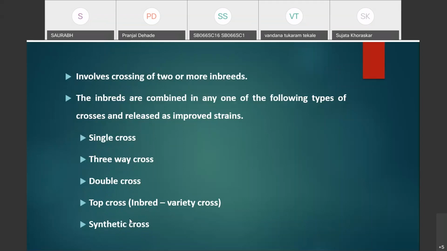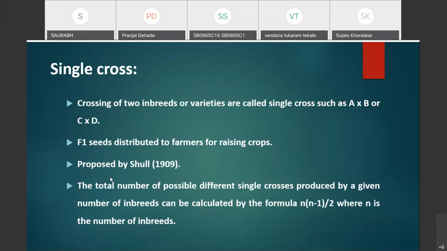In today's lecture we are going to discuss these methods one by one. The first method is the single cross.